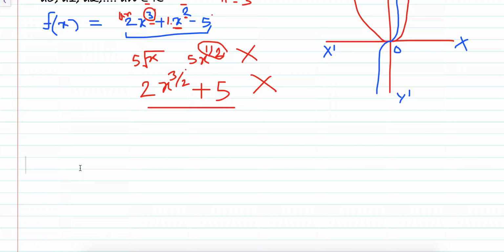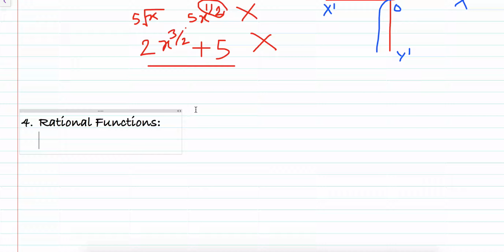So the next category of functions is rational functions. So in number theory, we had seen rational numbers. So rational numbers were denoted in p by q form, where the denominator q should not be equal to 0.